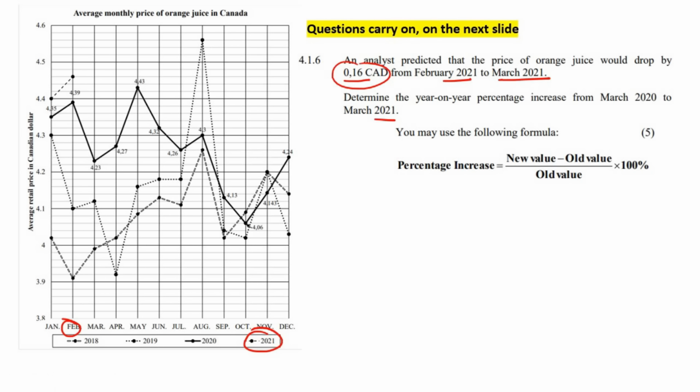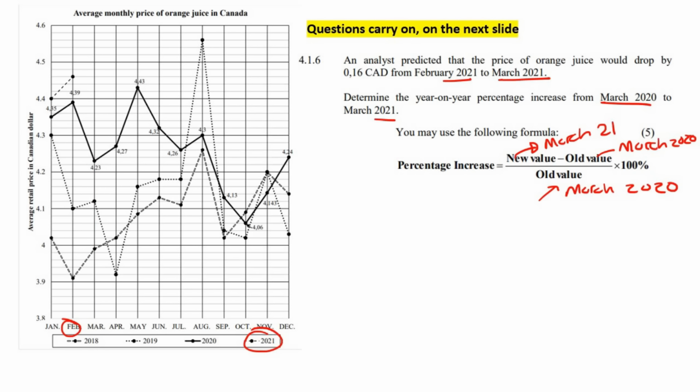Okay, so we can just use this formula. Very easy. So this is going to be March 2021. This would be March 2020, because that's the old value. The new value is March 2021. The problem is we don't know what the price in March 2021 would be.